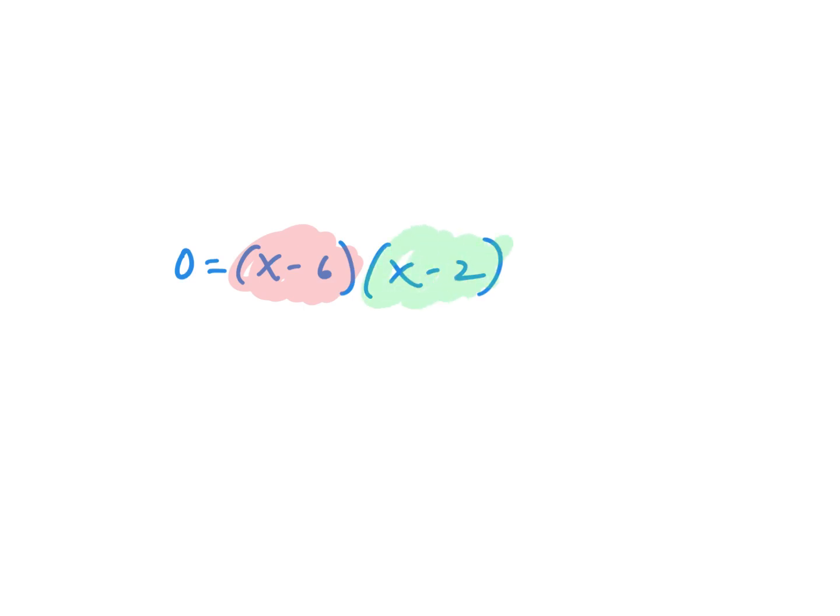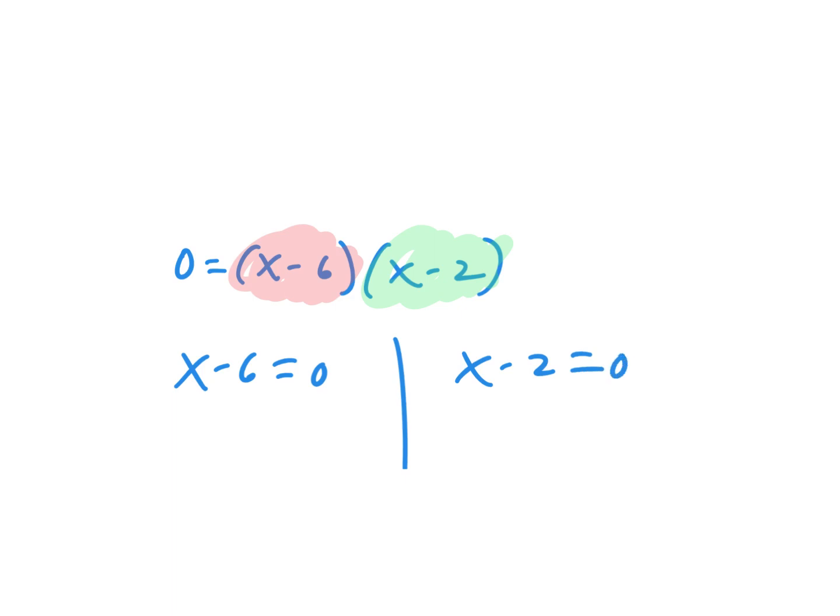When I multiply those two things together, what do you get? 0. So in order to multiply two things together to get 0, what does that mean? One of them's got to be equal to 0, or both of them are equal to 0. And so what we really do is set x minus 6 equal to 0, and set x minus 2 equal to 0.